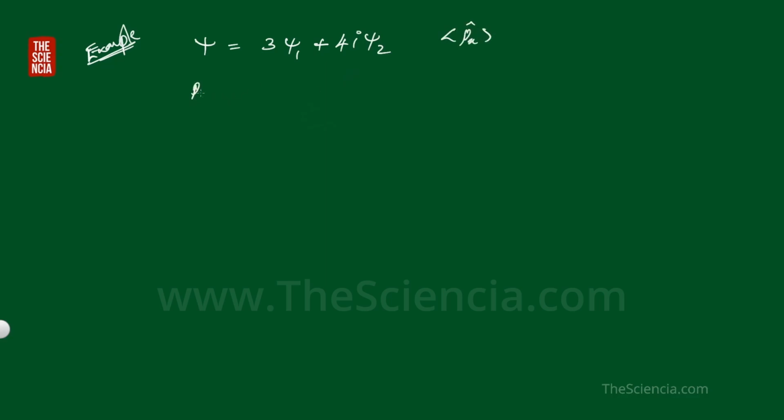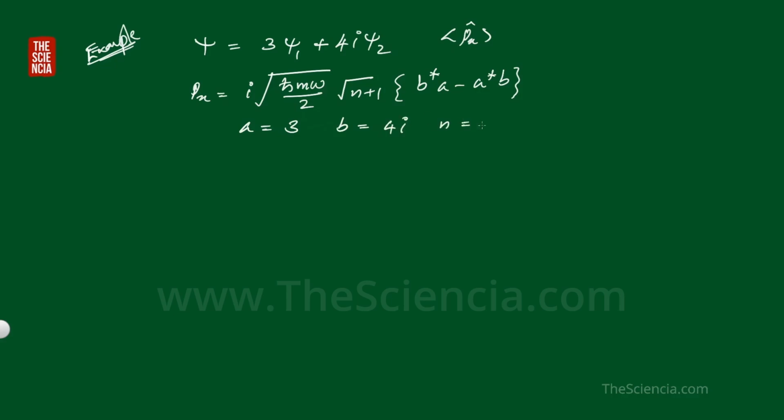That is, we know Px is equal to i root h cross m omega by 2 root n plus 1 into B star A minus A star B. Okay, so we have to find the A value, that is 3, and the B value, that is 4i, and the n value is equal to 1. And we can find A star, that is 3, and B star, that is minus 4i.